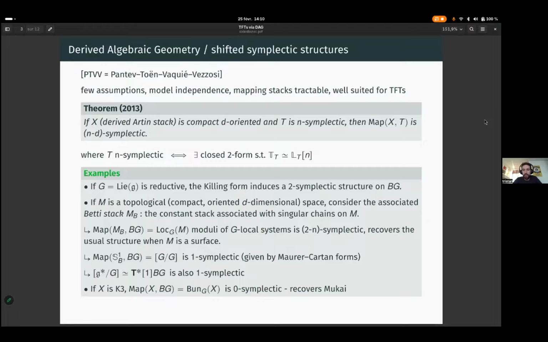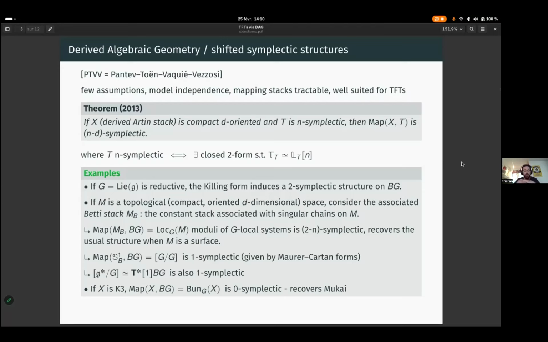And when T is shifted symplectic, with some shift given by some n here, then the mapping stack is itself shifted symplectic for some precise shift given by n minus d, d being the dimension of X.